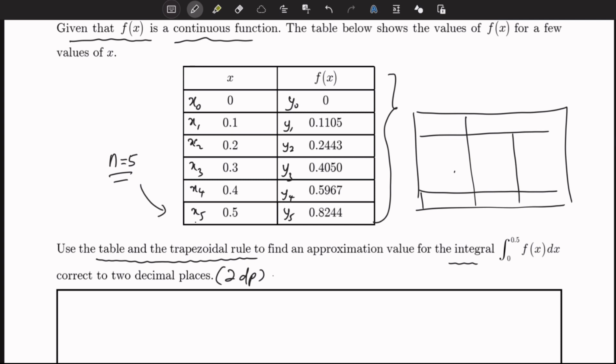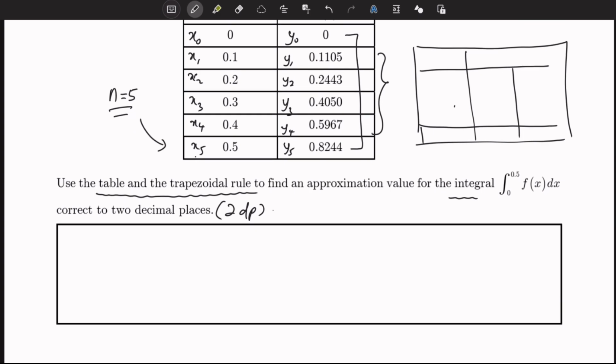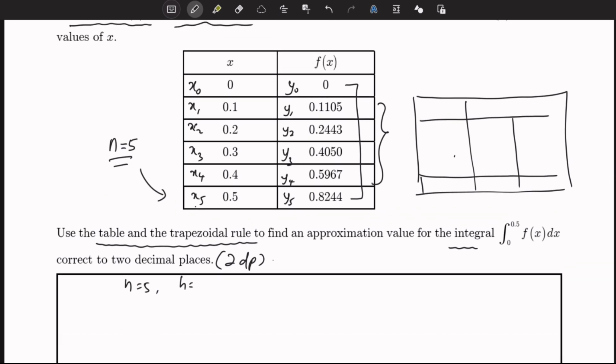The first and the last you need to add up, and then we have the intermediate in between. Your n is 5, your h will be 0.5 minus 0 divided by 5, so we get 0.1.